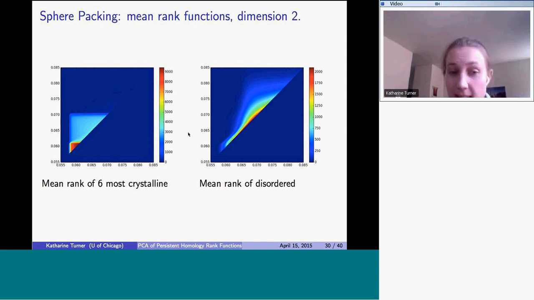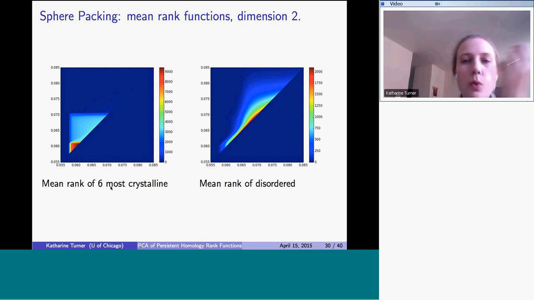You can get a really fancy machine that will shake the container of balls really vigorously so that it finds better local maxima in terms of dense packing. You can get partially crystallized sphere packings using this very vigorously shaking machine.